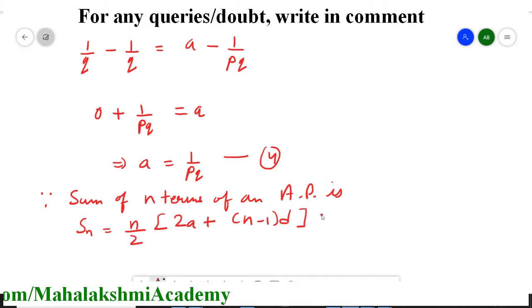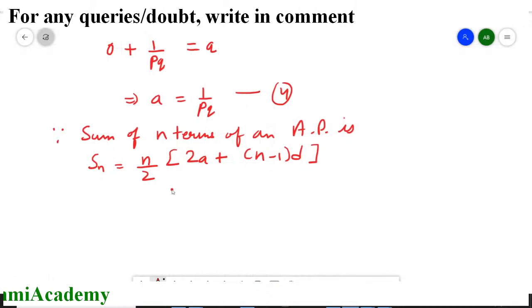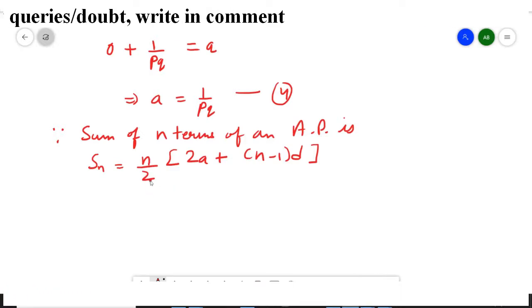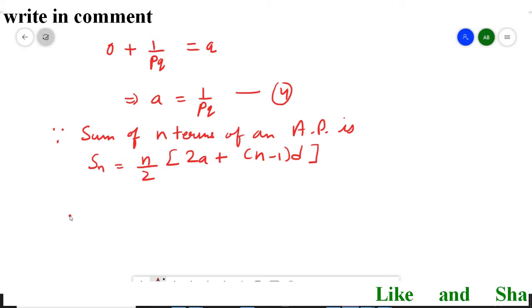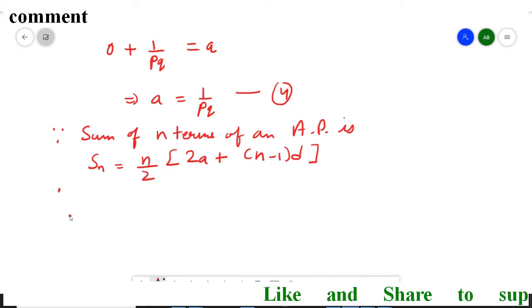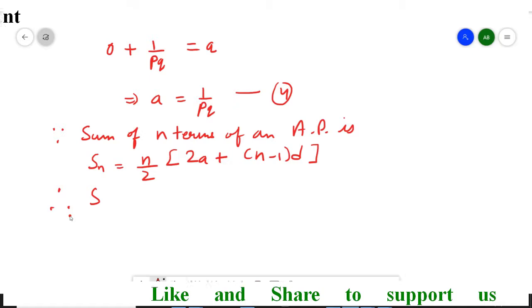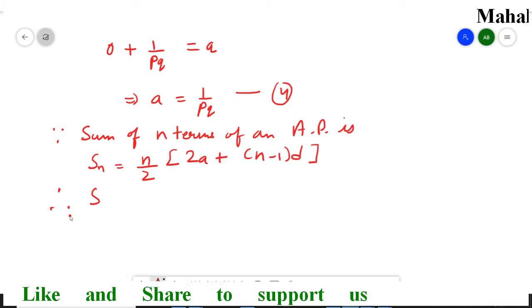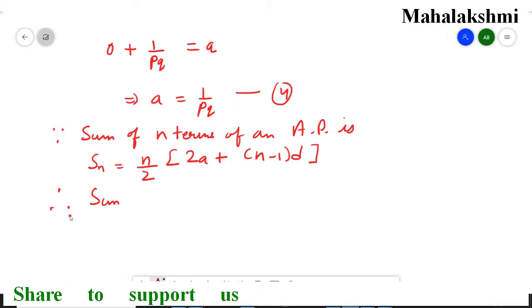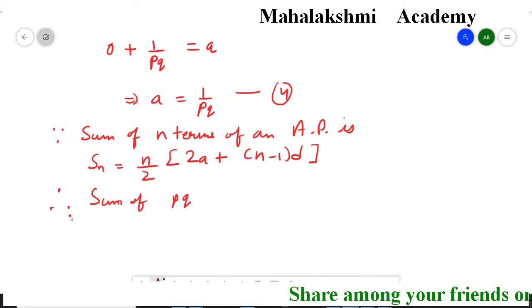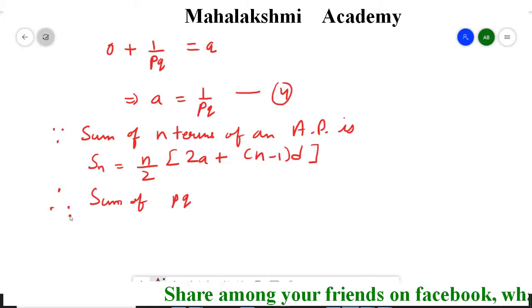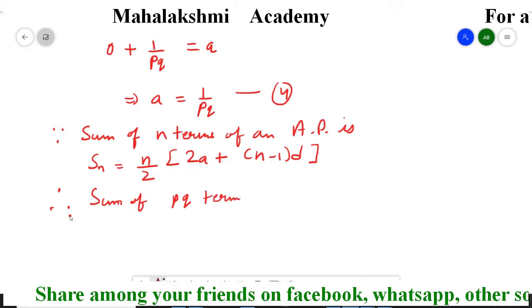Now in this, instead of n we are going to write pq because we need the pq terms. So we'll write here the sum of pq terms.